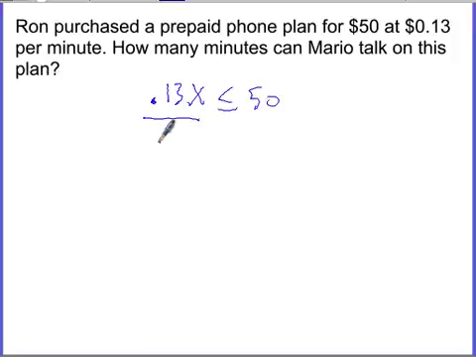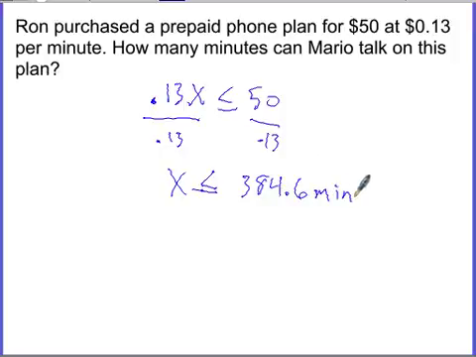So now we just divide by 0.13. Help me out here with the calculator. x is less than or equal to 384.6 what? Minutes. Okay, he can talk that many minutes.